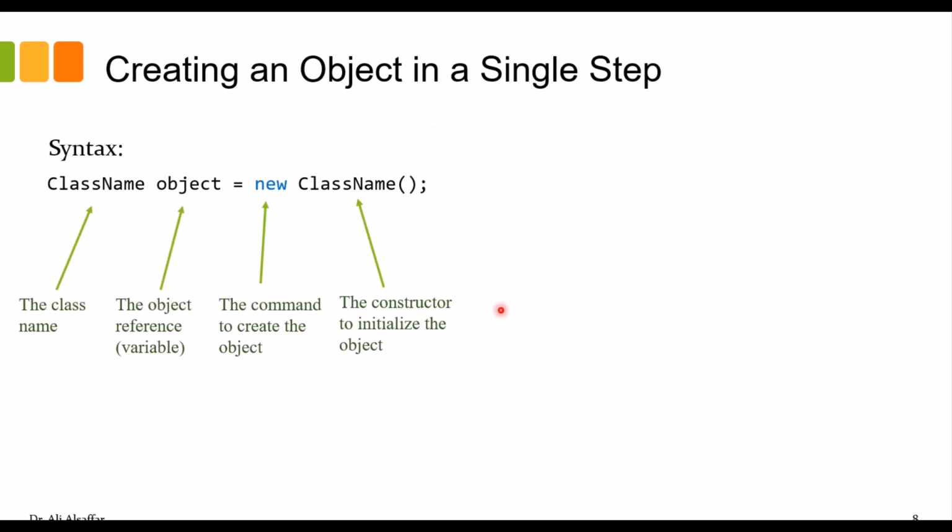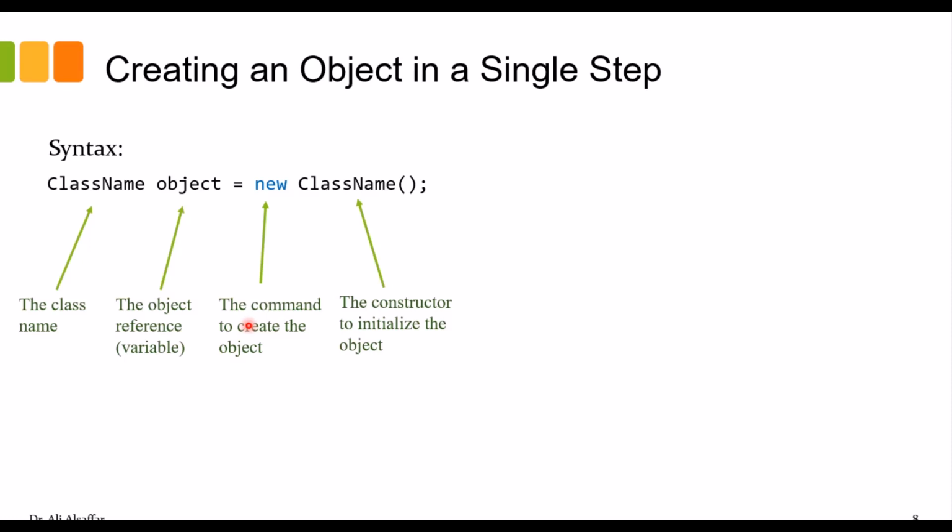This is now how you create your object. The syntax: you put the class name, you put the variable name, which is the reference, and equal new. This is the command that you give to Java to create the object for you, to allocate, or reserve, a place in the memory for the object.